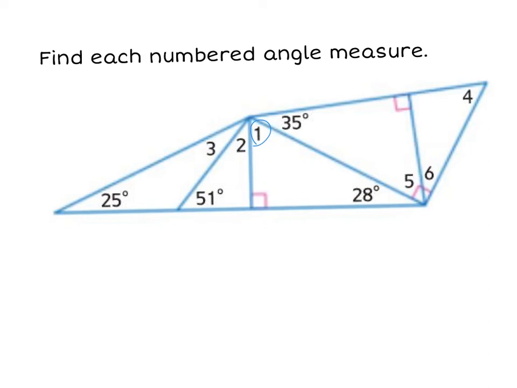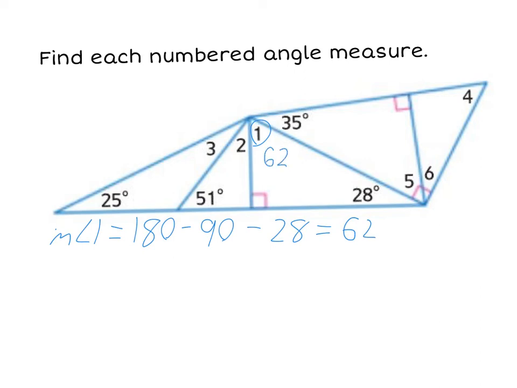So we could set this up as the measure of angle 1 is equal to 180 minus 90 minus 28, which will give us 62.